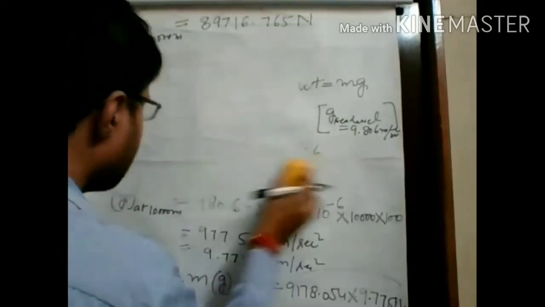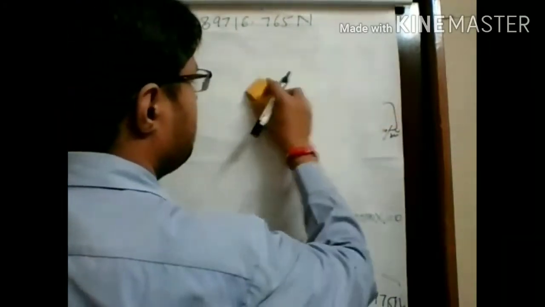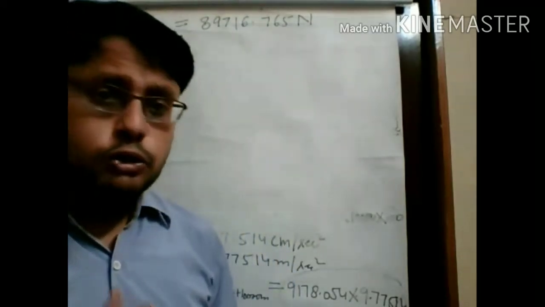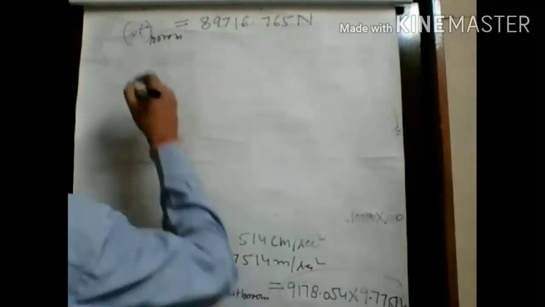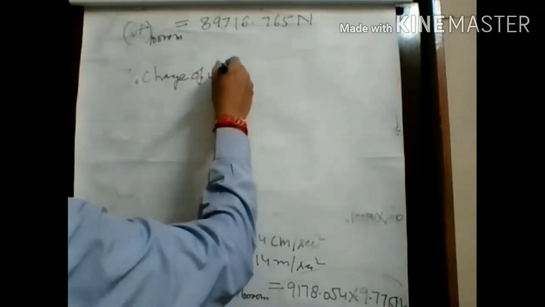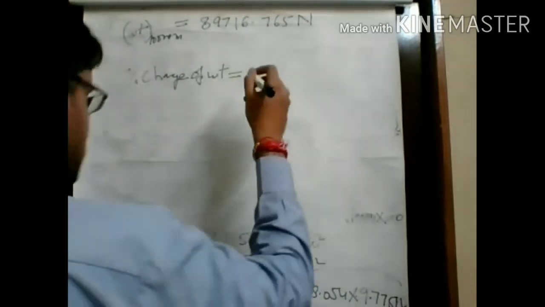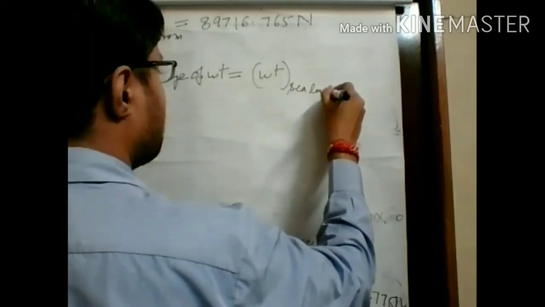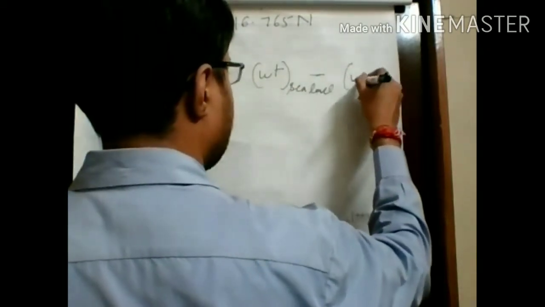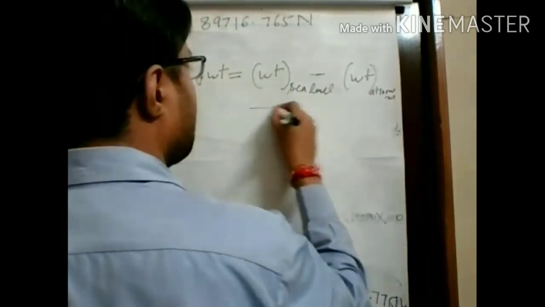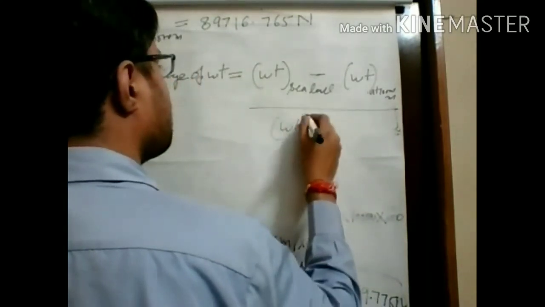And if we want to calculate the percentage change of weight from sea level to an elevation of 10,000 meter, then simply the percentage change of weight is equal to the weight at sea level minus the weight at 10,000 meter, upon the weight at sea level.